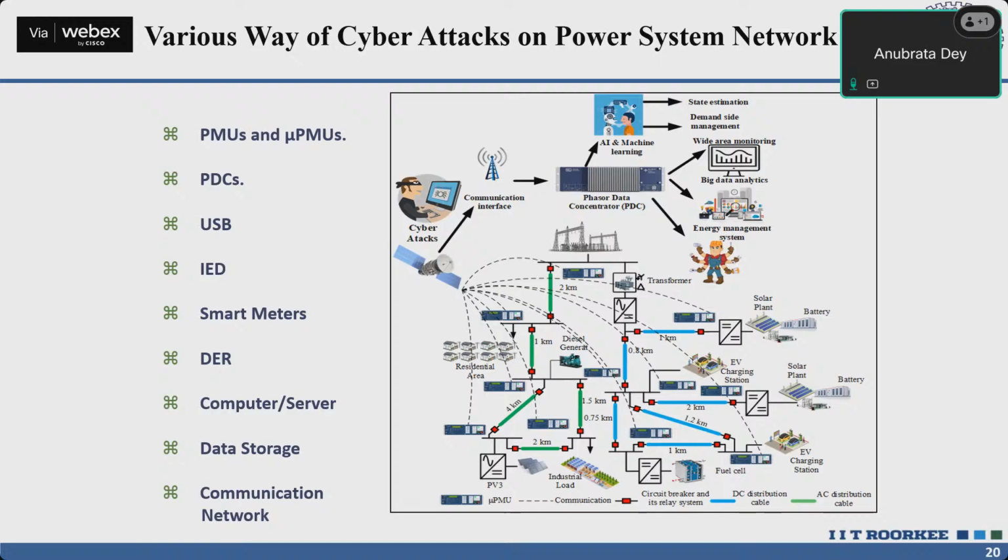One PMU, let's say in one substation, you have three incoming feeders, three outgoing feeders. One each is taking data of three currents, three voltages. So six data are there and six feeders are there. So 36 data that is taken by one PMU, and multiplied by, let's say, 8 or 10 PMUs, those data is received by PDC.